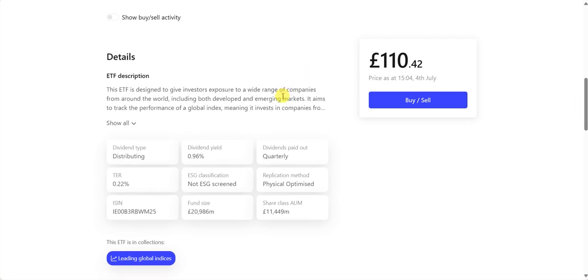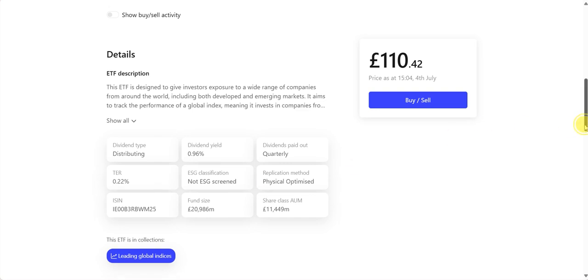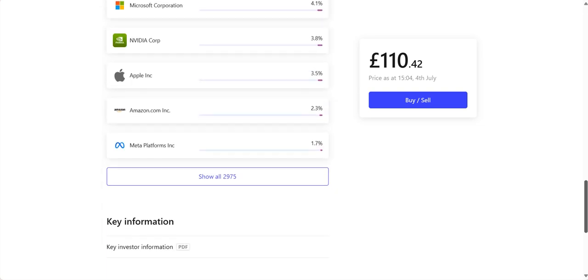So it's exposure to a wide range of companies from around the world, including both developed and emerging markets. Now, I haven't gone over emerging markets, so it's in there on this one. So dividend yield 0.96, dividends paid out quarterly, cost of 0.22%. Right, so we've got nearly 3,000 stocks here.